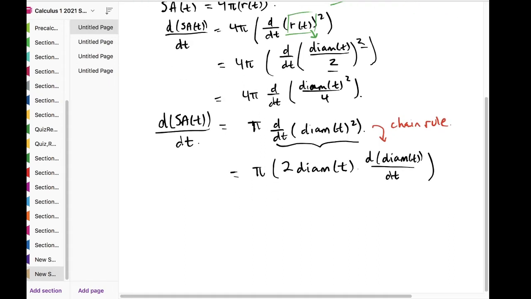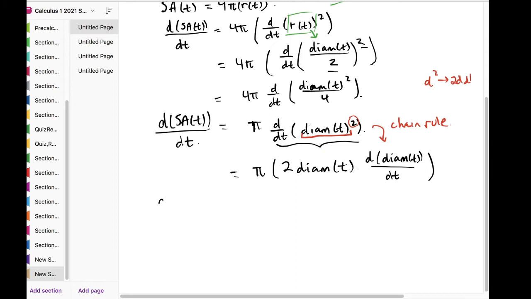The 2 functions are the diameter of t, which is a function, and squared, which is a function. That's why I like to write things of t. You could just drop everything and say d squared and then 2d prime or something, but having it of t really makes you realize that it's a function. So I just recommend that.